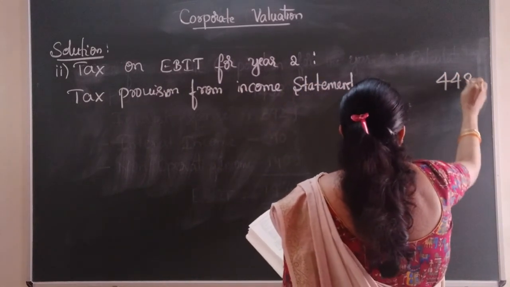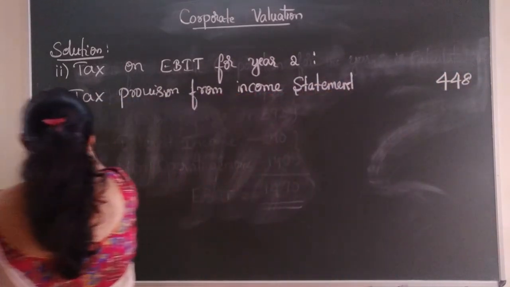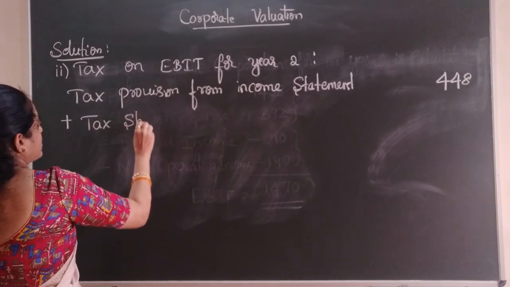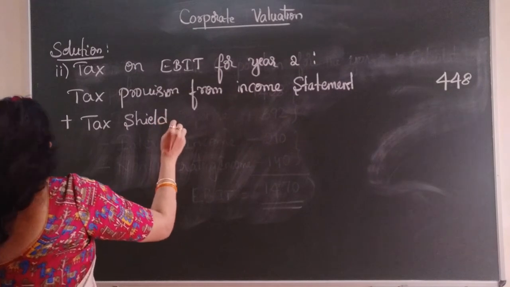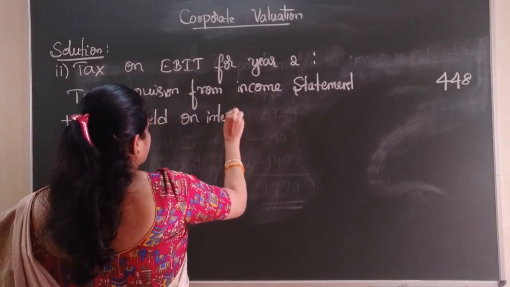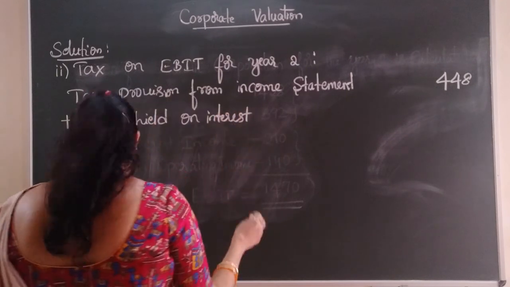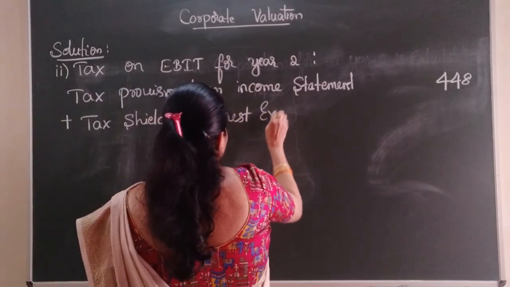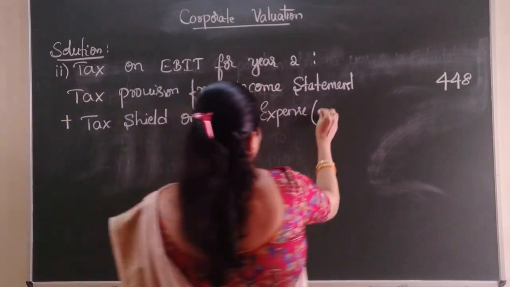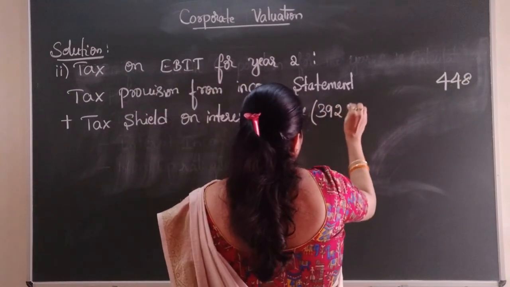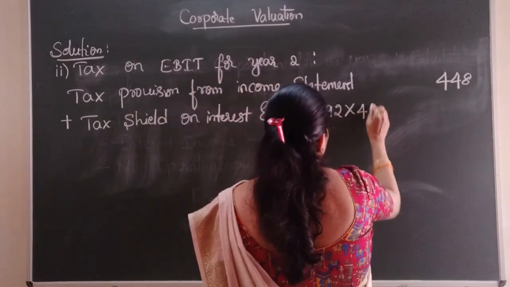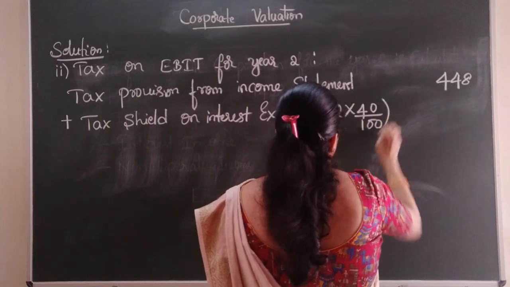Plus add the tax shield on interest expenses. Tax shield on interest expense means, see, interest expense is 392 and the rate of tax is 40%. You need to multiply by 40% in order to get the tax shield.